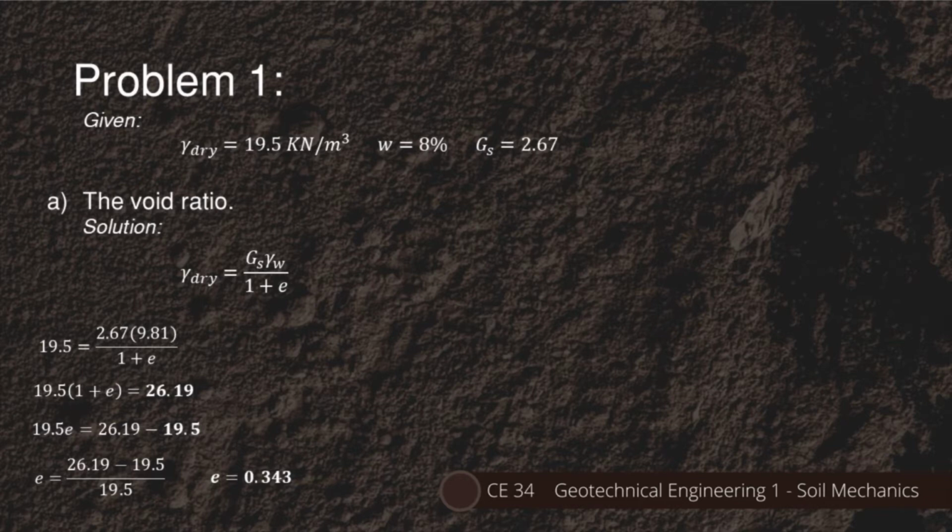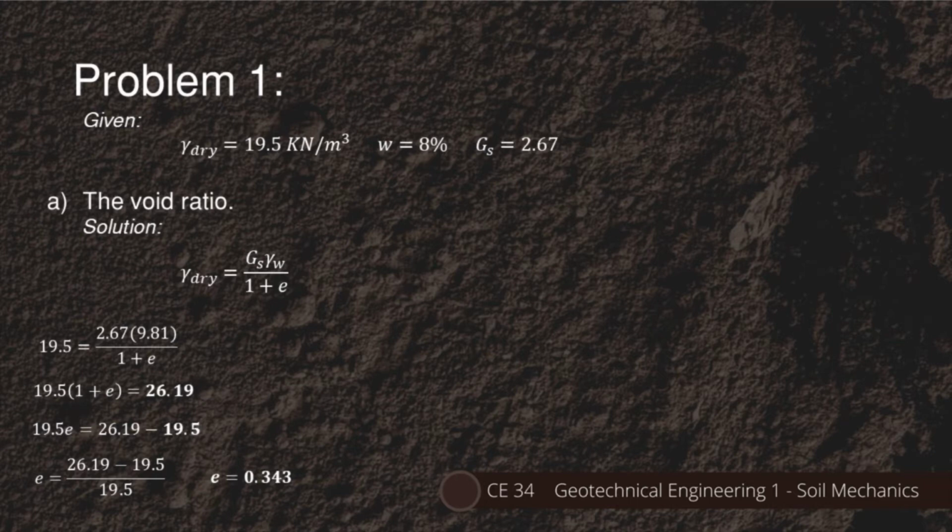And the equivalent formula for that is the weight of the dry sample is equal to the specific gravity of solid times the unit weight of the wet sample, which is also equal to 9.81 over 1 plus E. We just need to substitute the given 19.5 is equal to 2.67 times 9.81 over 1 plus E. Multiply both sides with 1 plus E in order to find the value of E.